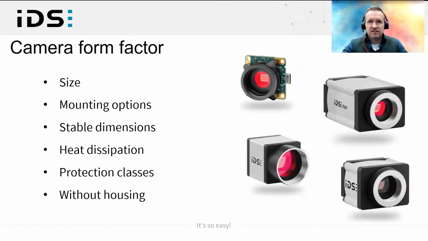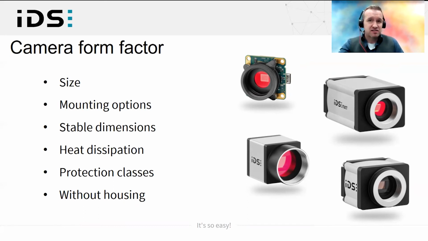So we see that also other features are not less important when comparing cameras, like the form factor of a camera. For example, the size itself can be crucial for the integration into an application. Or which mounting options are available and do they remain equal with each hardware revision? Especially for machine vision builders, these criteria can be crucial as changes always cost time and money.